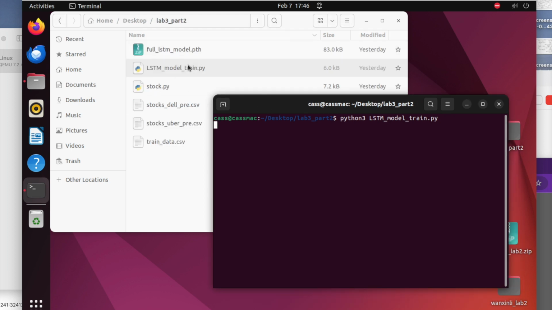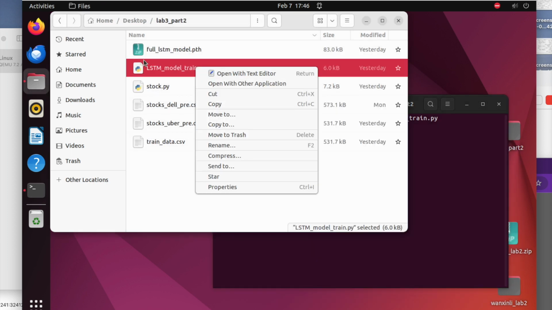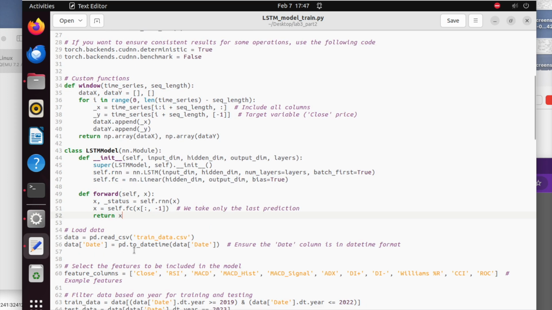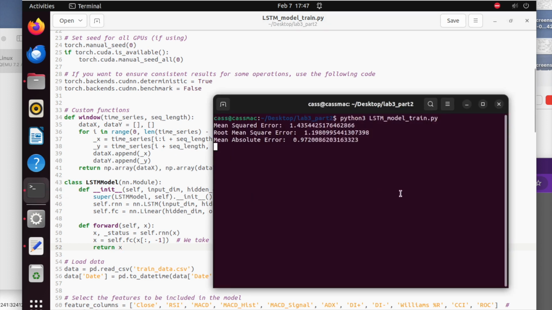This may take some time to train the model, and we can also open the code through the text editor to see it. In this LSTM model train.py, we can see we add a lot of indicators to train the model, like the close, the RSI, and so on.